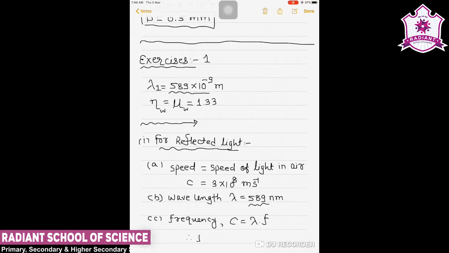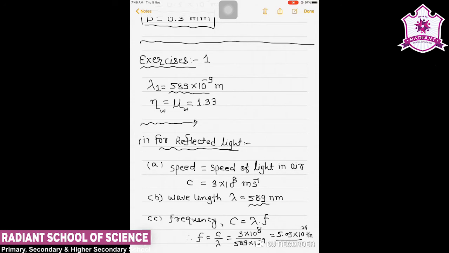So frequency f can be written as c over lambda. c is 3 into 10 raised to 8 and lambda is given as 589 into 10 raised to minus 9. So ultimately it will provide us the value 5.09 into 10 raised to 14 hertz.